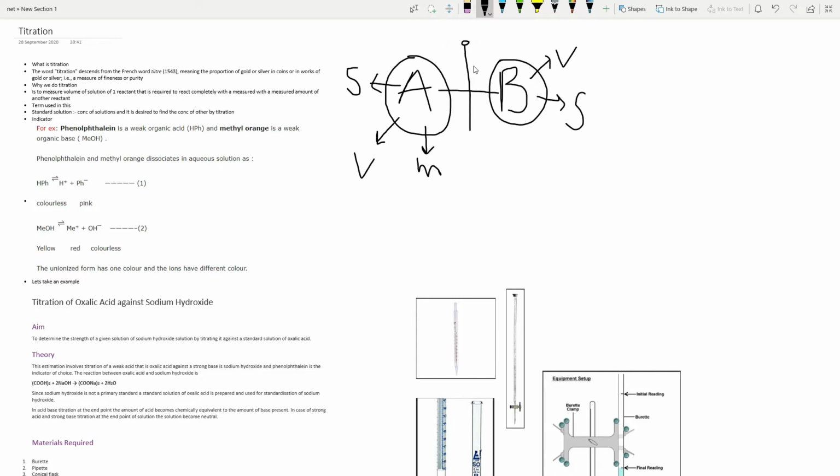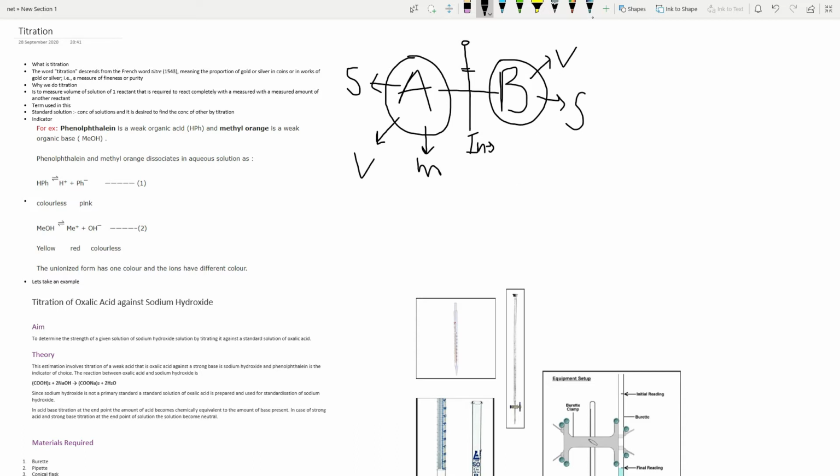How do you know that midpoint? When A is equal to B, you use an indicator. This indicator shows the point where A is equal to B. And in chemistry you are going to understand all of this.